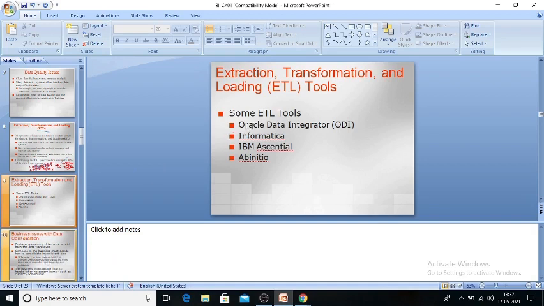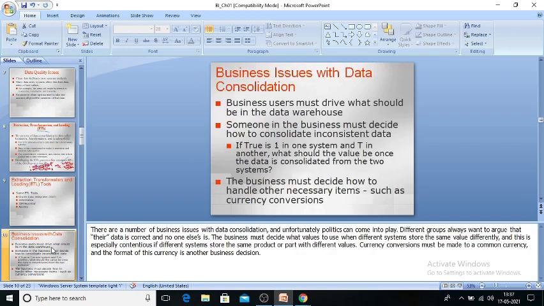Now, these are the various tools which are used for the process of doing ETL. Now, business issues with data consolidation. There are a number of business issues with data consolidation, and unfortunately politics can come into play.